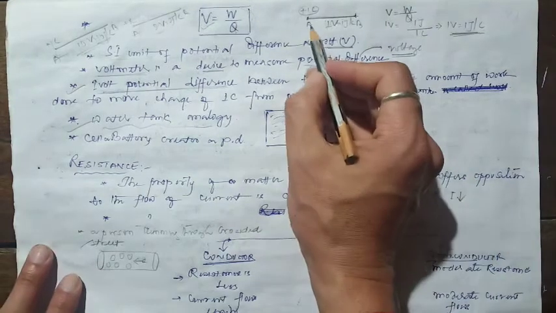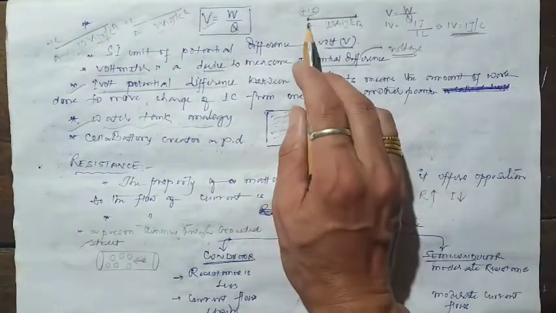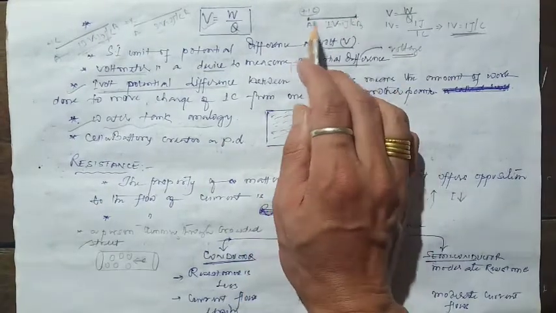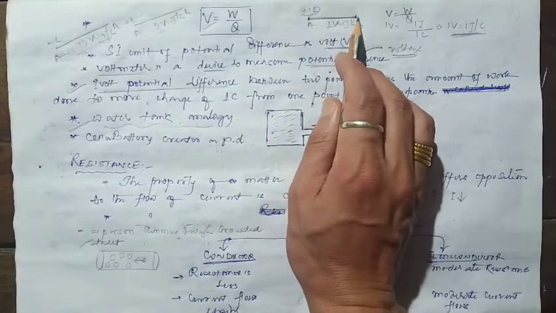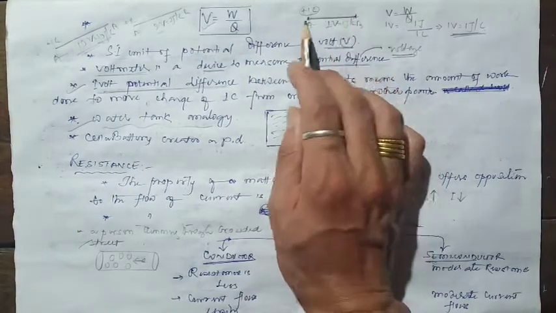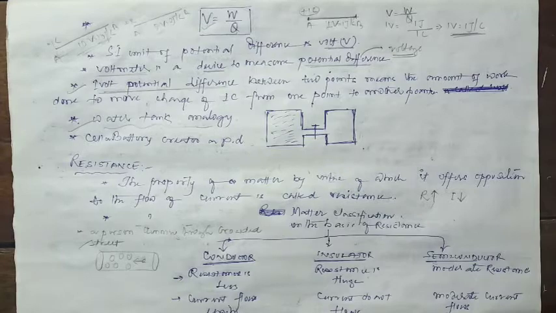Just like that, if there is a potential difference between the two ends of the conductor, the current continues to flow. If the potential difference ceases to exist, the current flow stops. So the most important condition for the current to flow is the existence of a potential difference.